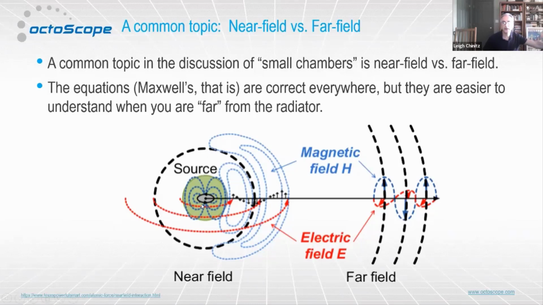Nearby the transmitter, the relationship between the electric and magnetic fields is a little more complicated. You have terms in those equations that are really only valid nearby. The electric and magnetic fields aren't necessarily only at right angles to each other. They have a much more complicated shape, and that's what people refer to as the near field.